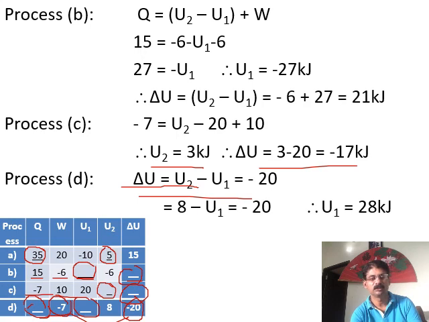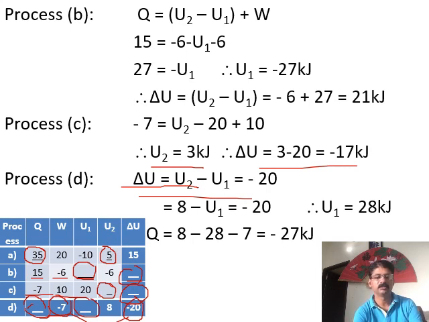So by substituting, you will get U1 as 28 kilojoules. Now use the first law equation and you will get Q as minus 27 kilojoules.